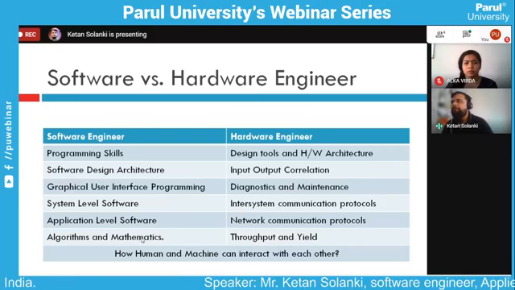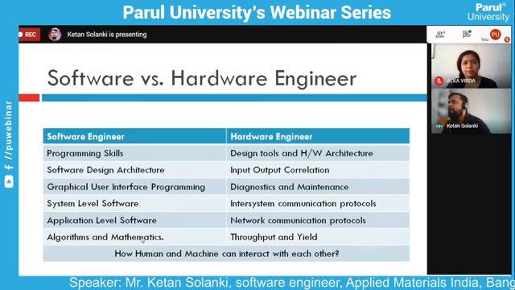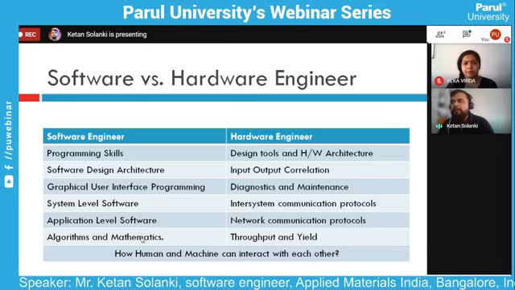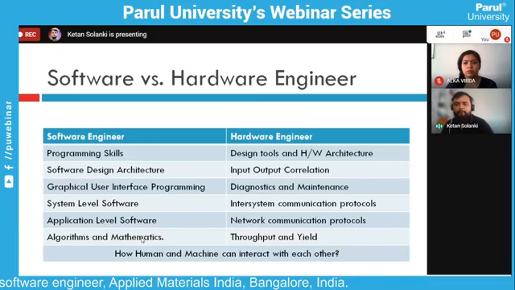And if we think about a hardware engineer, a hardware guy in our industry, then they should learn a design tool like CAD/CAM, and some hardware architectures they should know, and the input-output correlation of whatever hardware they are working on.